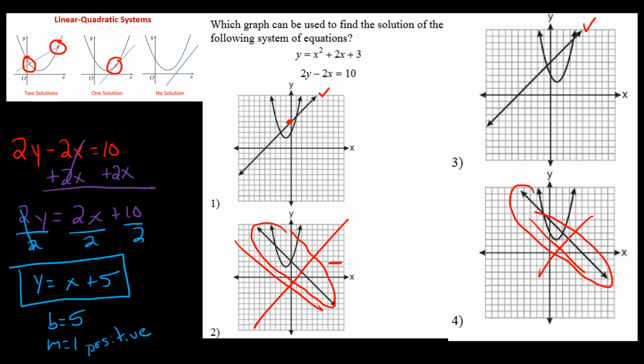How do we do this? There are several ways. You can graph this in the calculator, and you'll see which graph matches. If you do have a question like this, and it is a calculator question, definitely graph it.